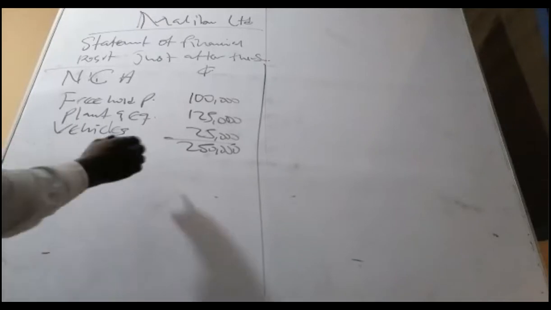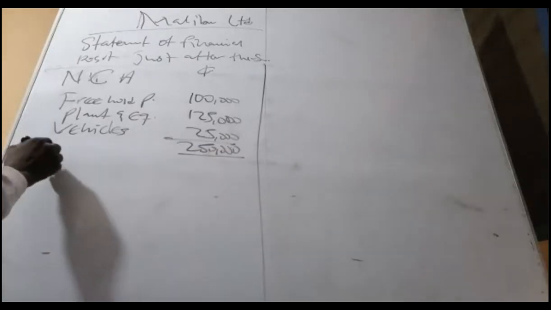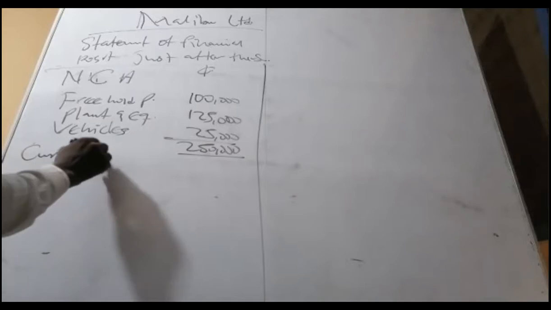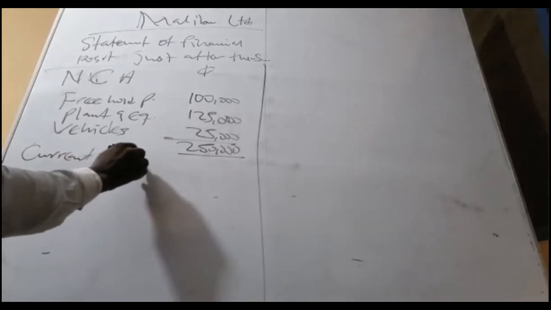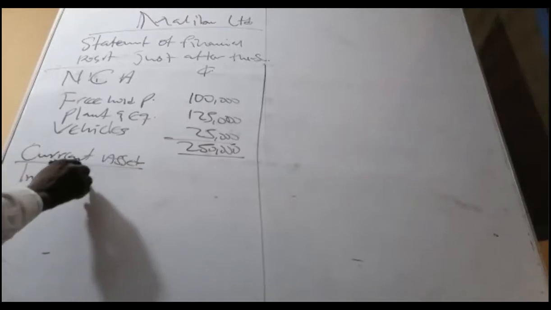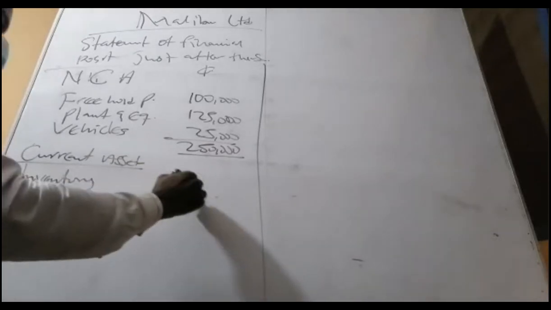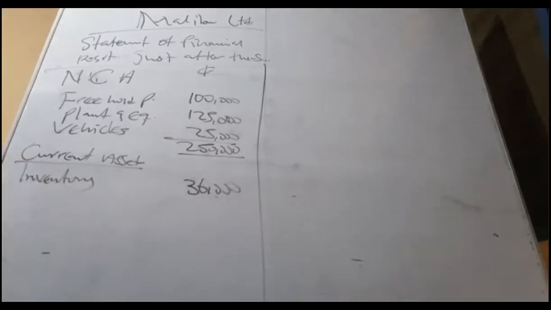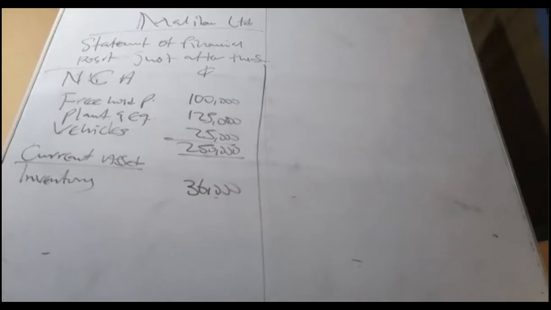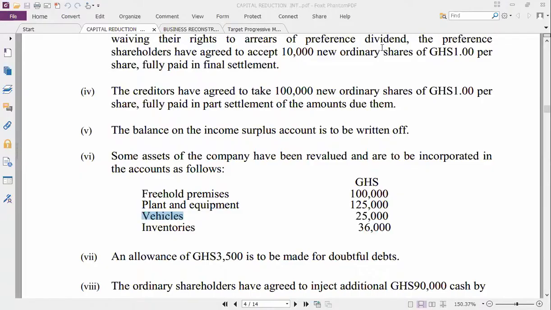Current assets. First, inventories. I've also picked the fair value of the inventories, which happens to be 36,000.